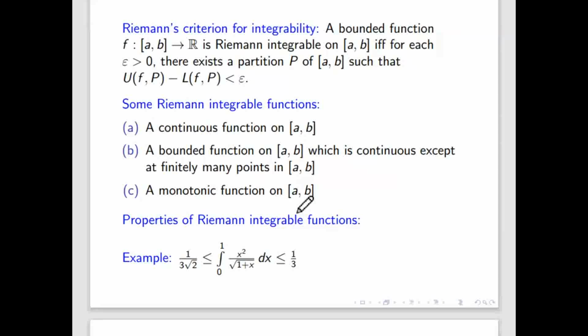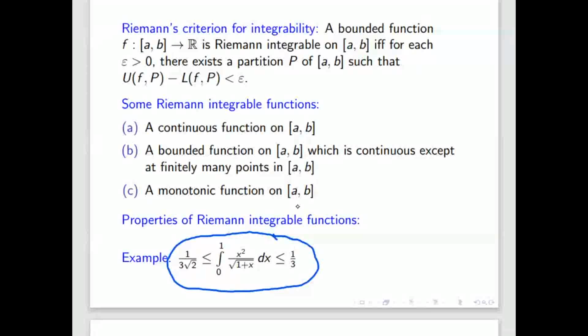So now this is the example. Can you do this example? The value of the integration lies between 1/3 and 1/3 times square root 2. What do we have to do? Suppose you want to prove this, how will you do it?